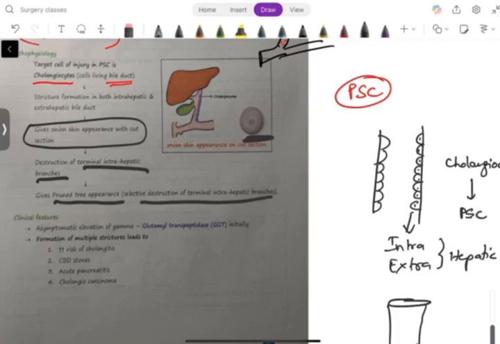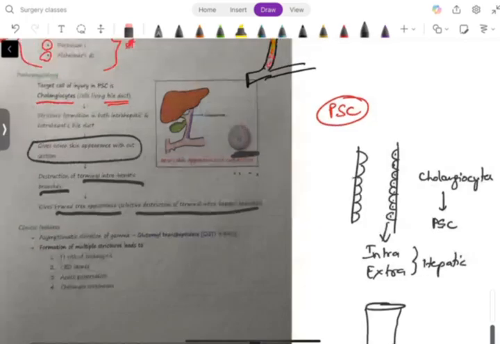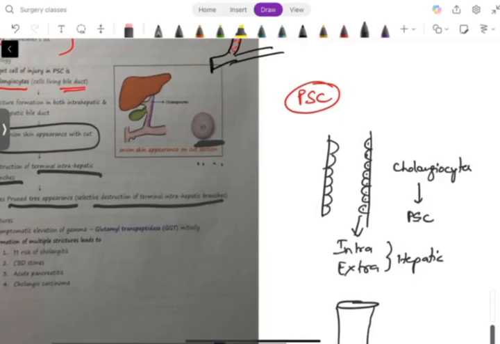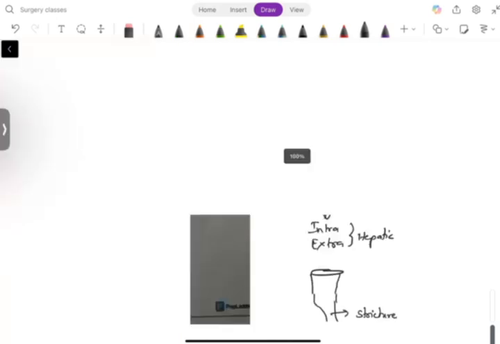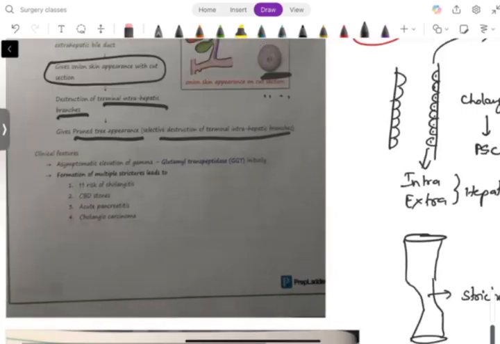So only for the integration of surgery and pathology we need all this, and hence they have given all this. So what we need to understand is that primary sclerosing cholangitis is an autoimmune condition in which cholangiocytes, the cells lining the bile duct, are targeted. This leads to multiple strictures, which can be in the intrahepatic as well as the extrahepatic bile ducts, because of which there will be the following clinical features.